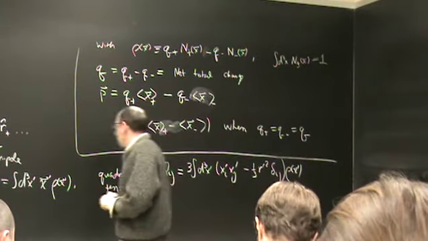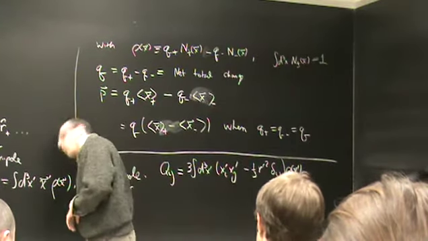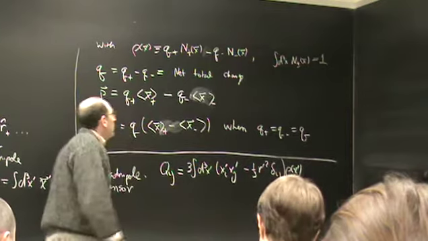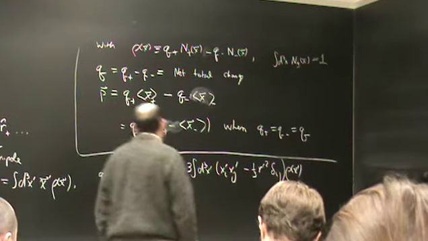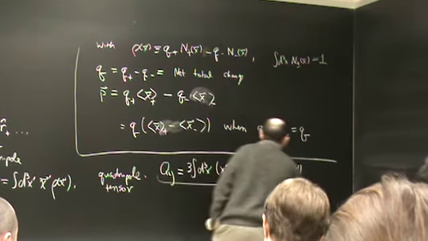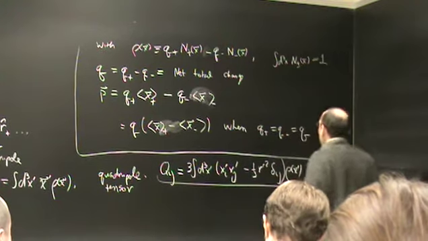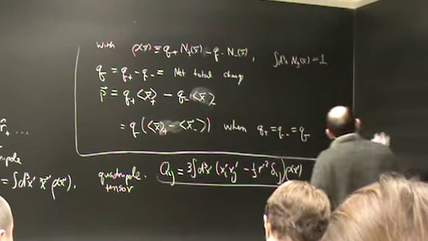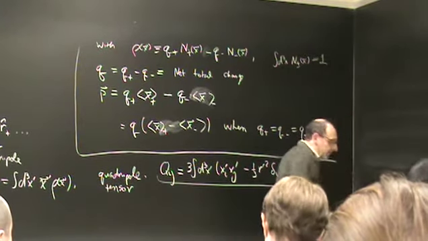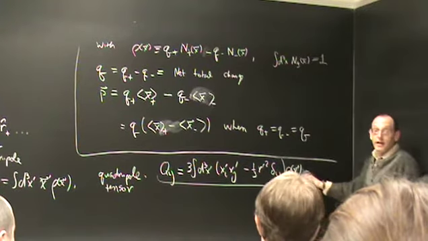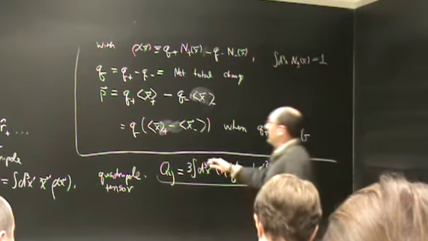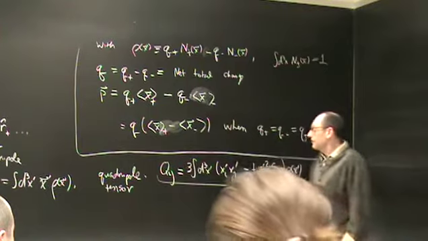Okay. What about this quadrupole? What can we say about this? What is this telling us physically? Well, just to start, this is obviously a much more complicated object with all these different components.